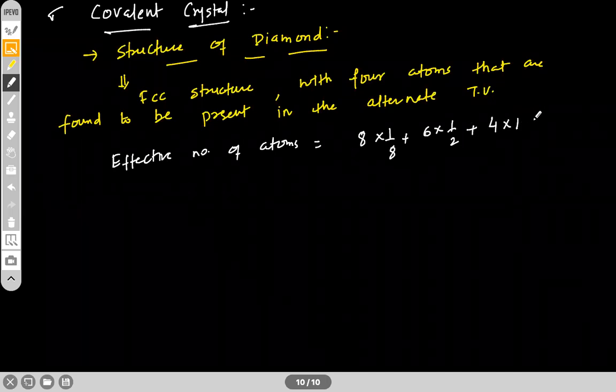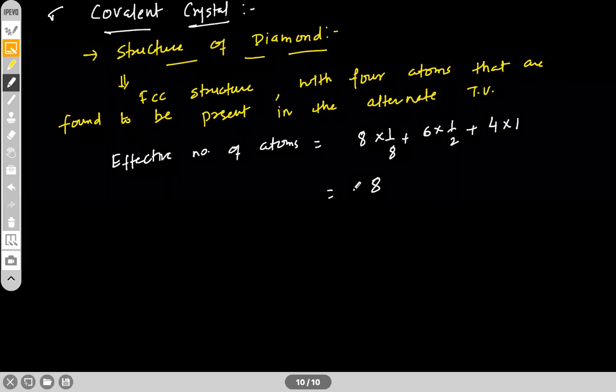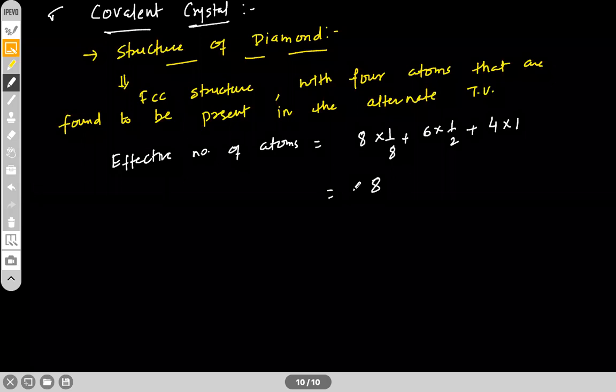Their contribution is 1 because they are completely within the unit cell. That's why the effective number of atoms here is 8.